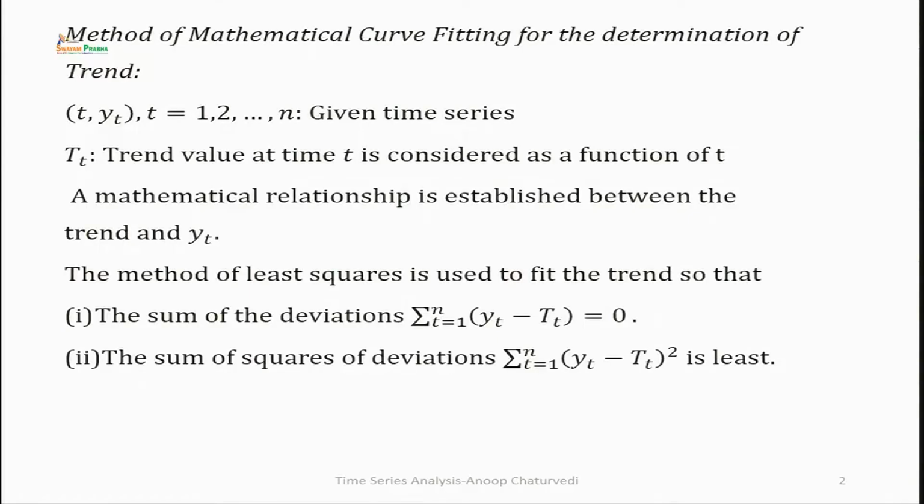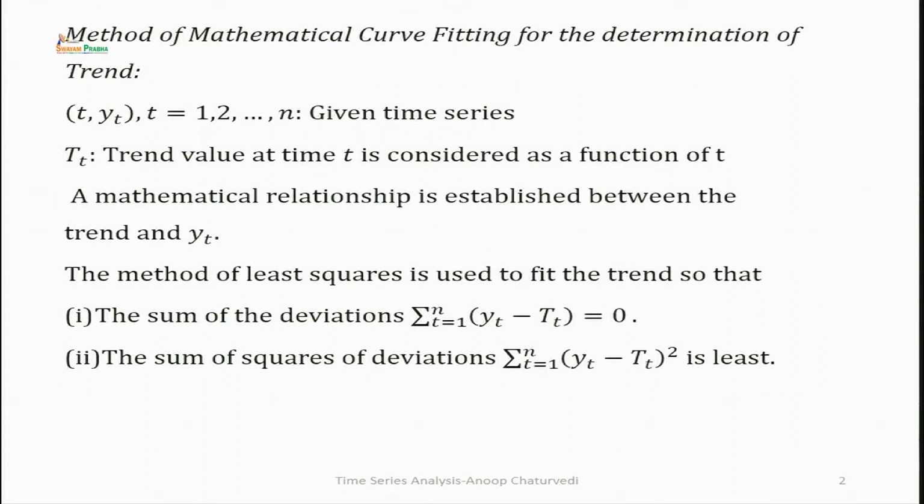So, here we are going to discuss two procedures. One is the method of mathematical curve fitting for the determination of trend component, and the other method is the method of moving averages. Now, first we consider the method of mathematical curve fitting for the determination of trend component.